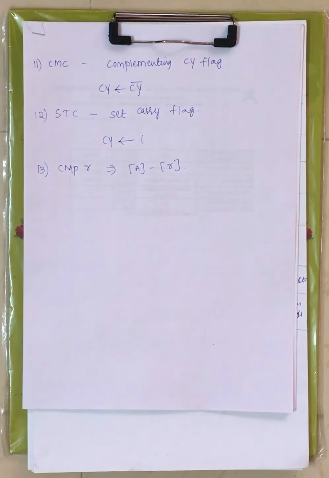Either A may be greater than R, or A may be less than R, or the contents of the accumulator are equal to the contents of register R. Three things are possible. Now let us see one by one.